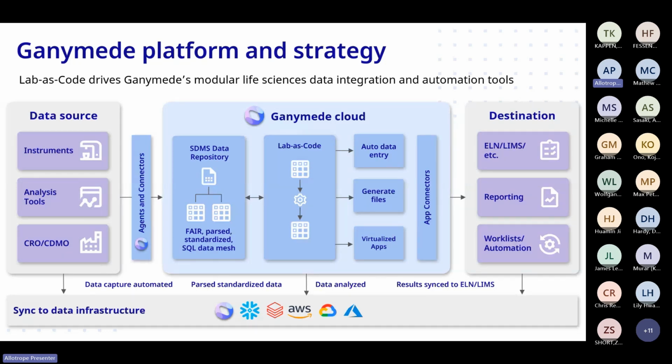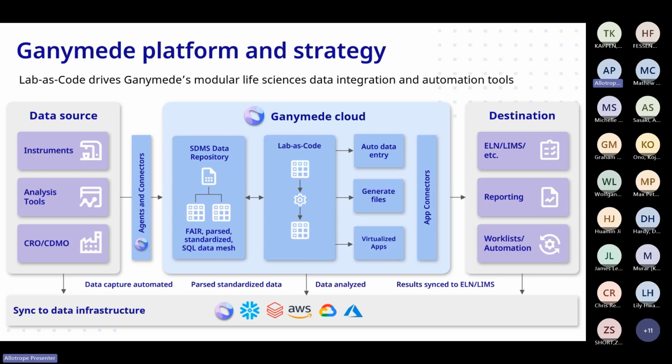So one big piece of it is agents and connectors. We have a framework for installing programs on Windows machines that can be configured to do everything from capturing files to communicating with APIs, OPC, COM objects, et cetera, whatever is needed to get the data off the instrument into the cloud, where we can provide an SDMS layer, traceability model built on top of all of this.